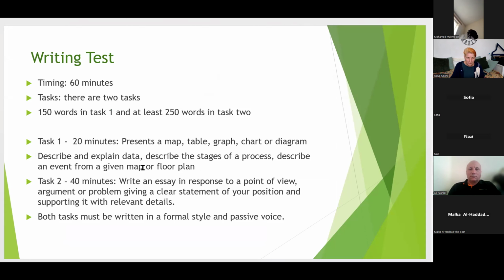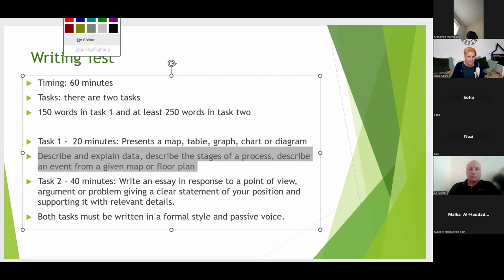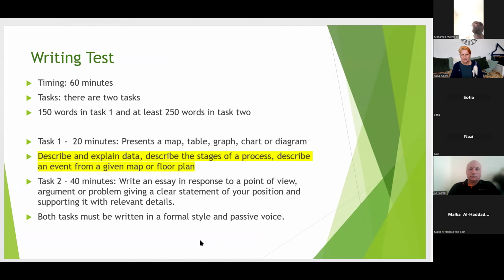You need to describe and explain some data. You can't do that thoroughly in less than 150 words. If you've got less than 150 words, you've left something out. So put in an example that'll fill out the word count.